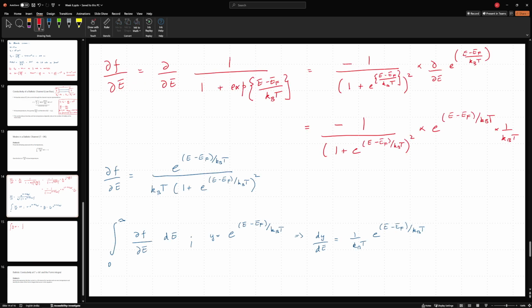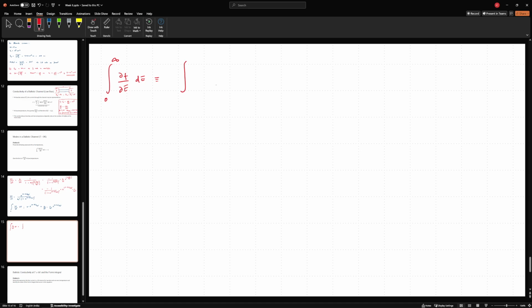So I can take the dE to that side, so this quantity into dE is dy. So what I will have is dy divided by 1 plus y squared.